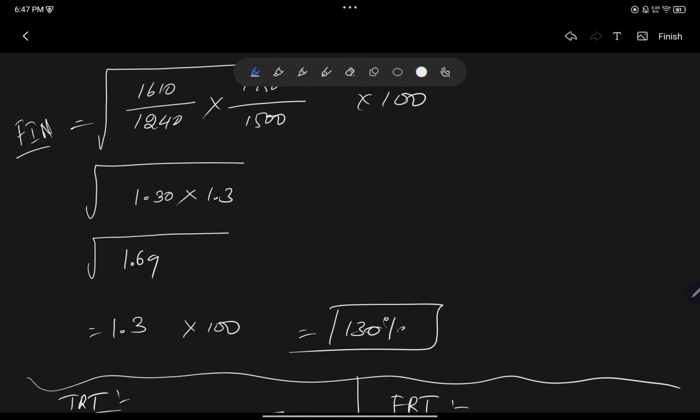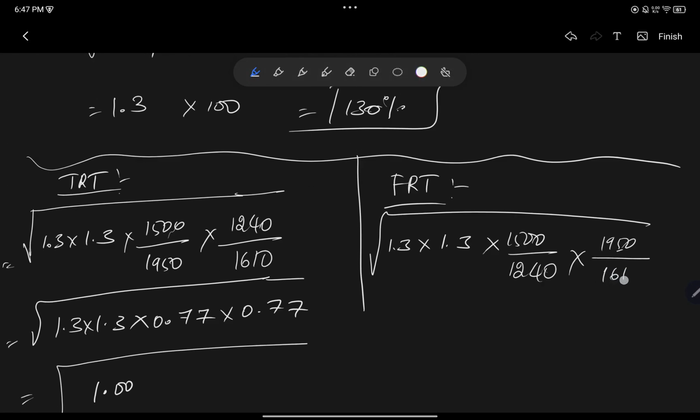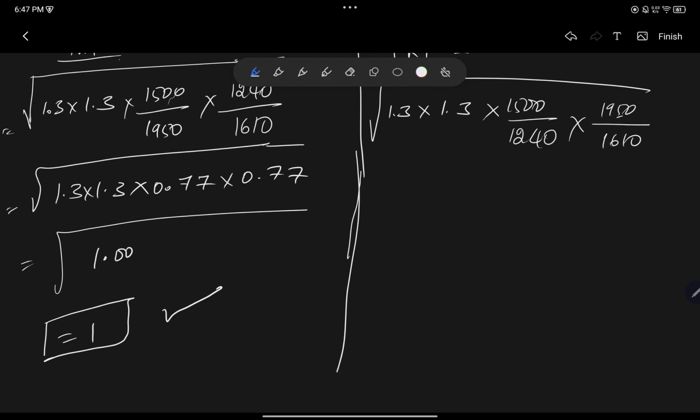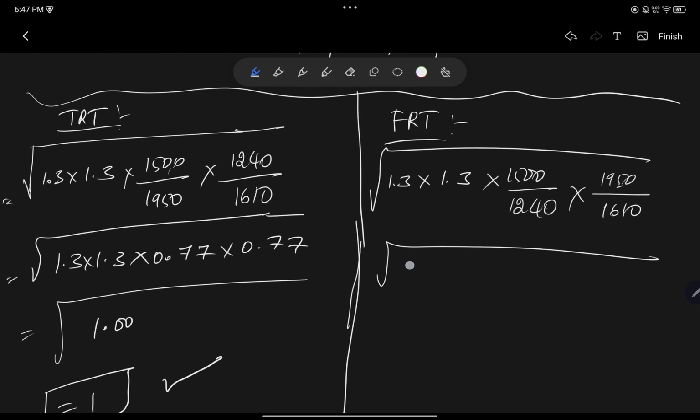That is also fine, 1610. So now, to find the FRT, 1.3 into 1.3 into, 1500 divided by 1240 is 1.21 something I am getting here, into 1950 divided by 1610 is again 1.21 I am getting.